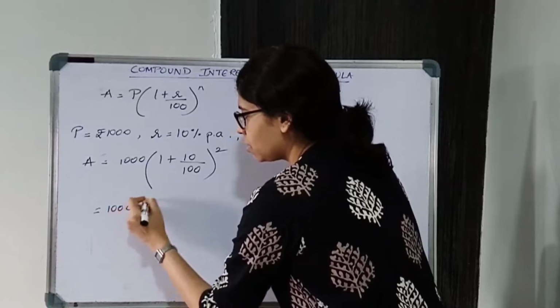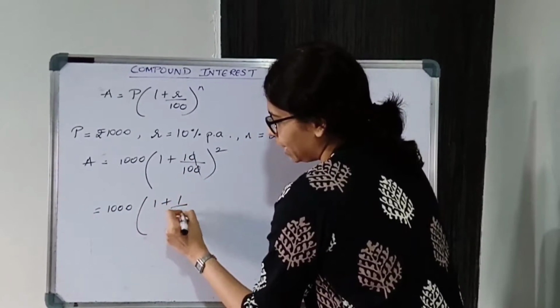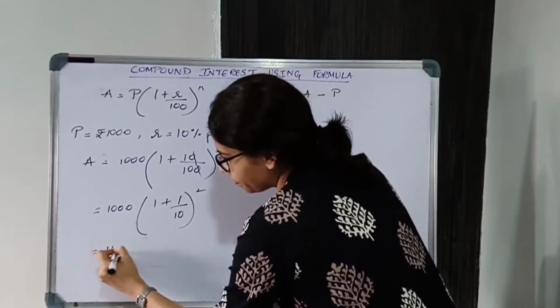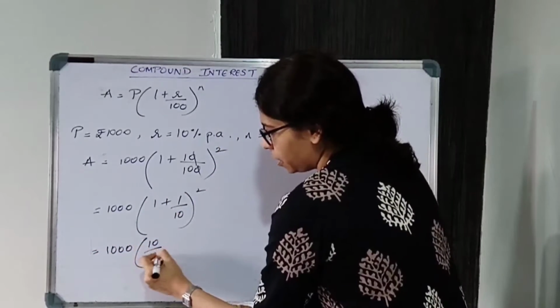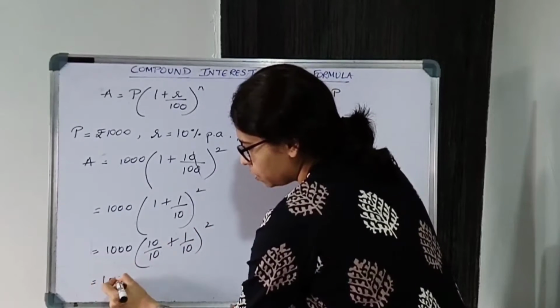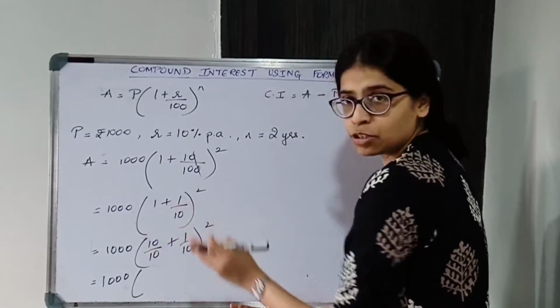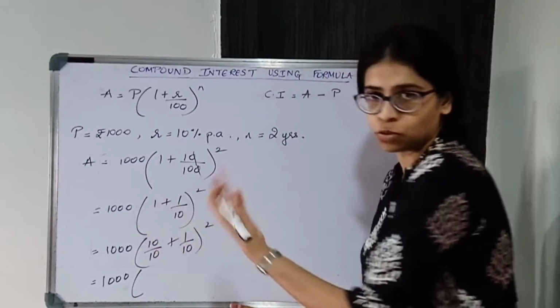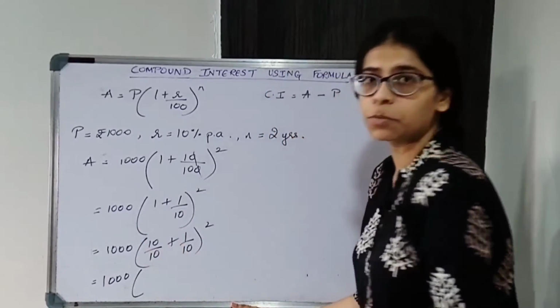So 1000 into, you will get 1 plus 1 upon 10 raised to 2. So this will be 10 upon 10 plus 1 upon 10 raised to 2. So this will be 1000. I just took LCM, okay, to get same denominator. तो यहाँ पे numerator denominator दोनों में 10 से multiply कर दिया. So 1 into 10 gives 10 and denominator में भी कुछ नहीं है, so 1.